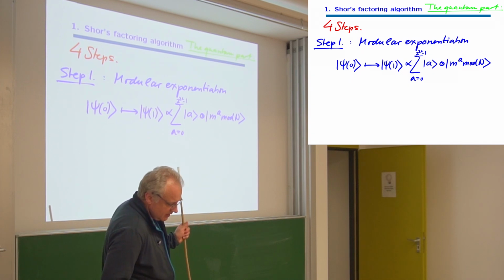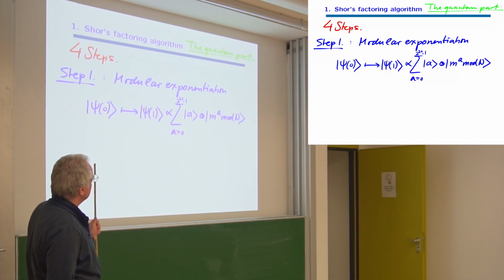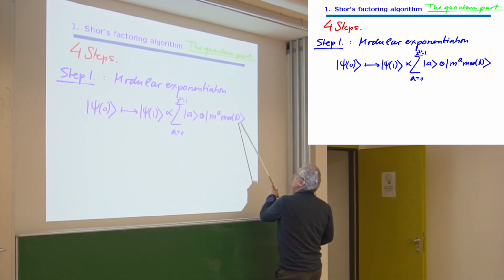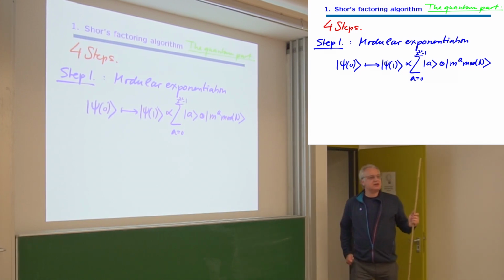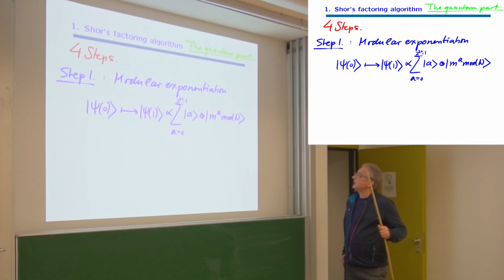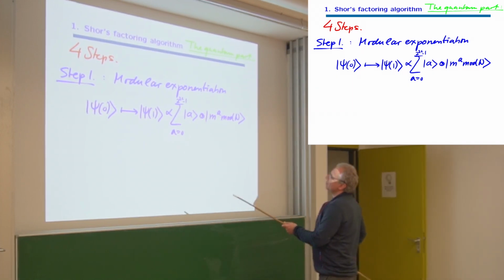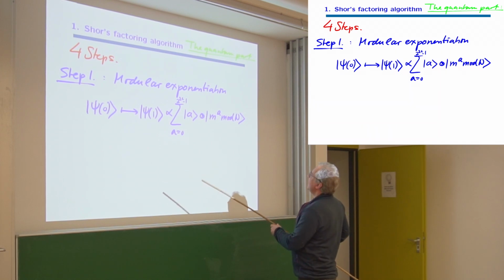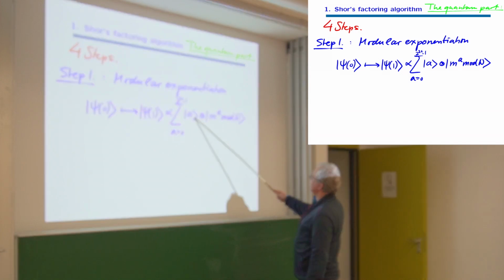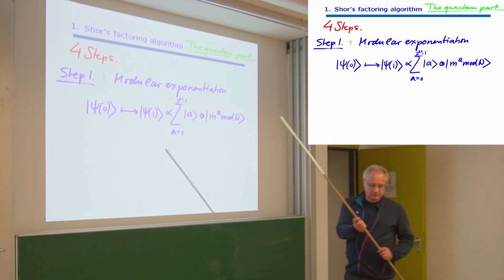Now comes the first step. Now comes the modular exponentiation. So remember, this function of a, m to the power a mod n, was the function whose period we cared about. And so what we do now is we take the state that we had, which had superposition of all a's in the first register, and 0 here, into that superposition.